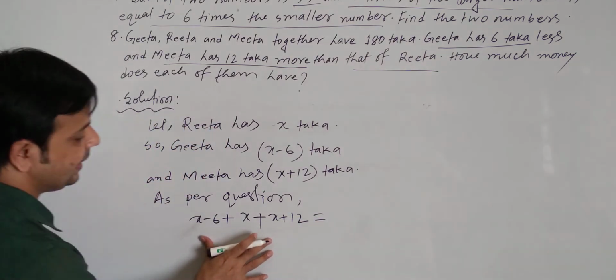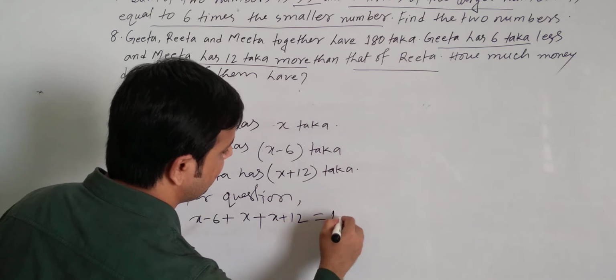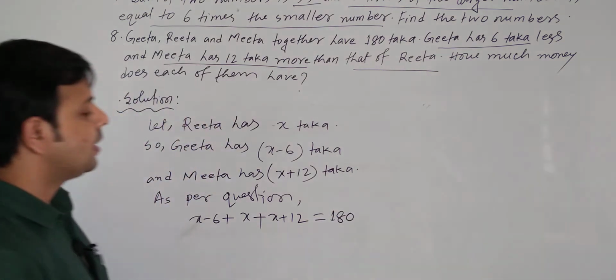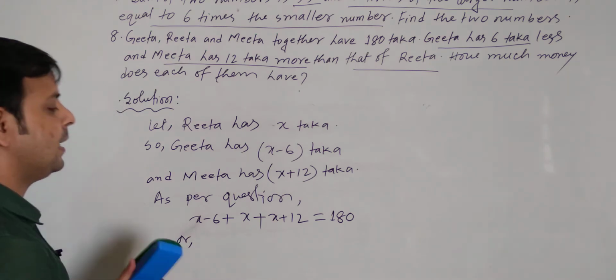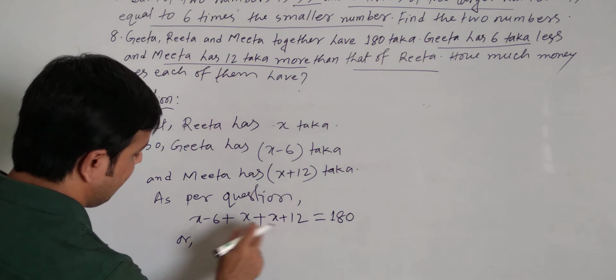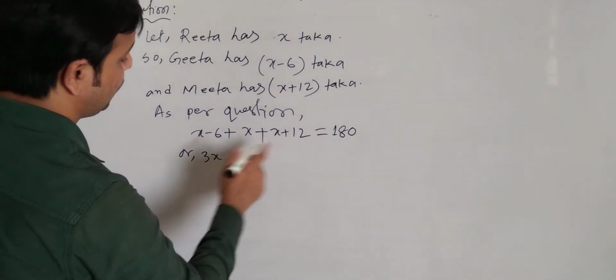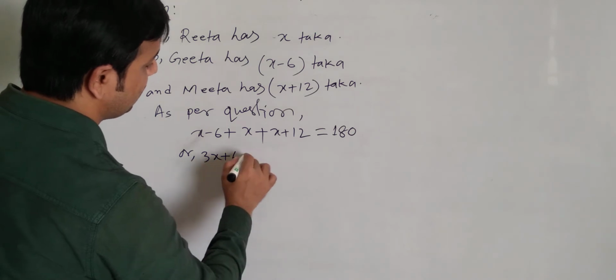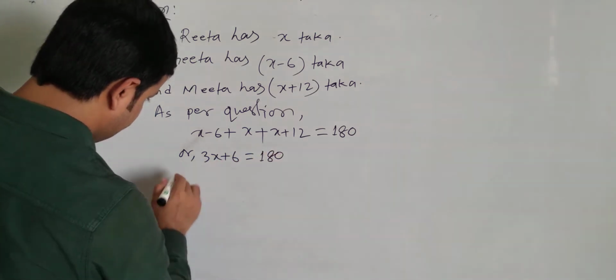Sum of these three, Gita, Rita and Mita, is 180. This is our given condition. Okay, dear students, now simplify and find the value of x. x and x and x is 3x. Now 6 is negative, 12 is positive, so I can say 6 is positive, equal to 180. Now remove this 6 at first.